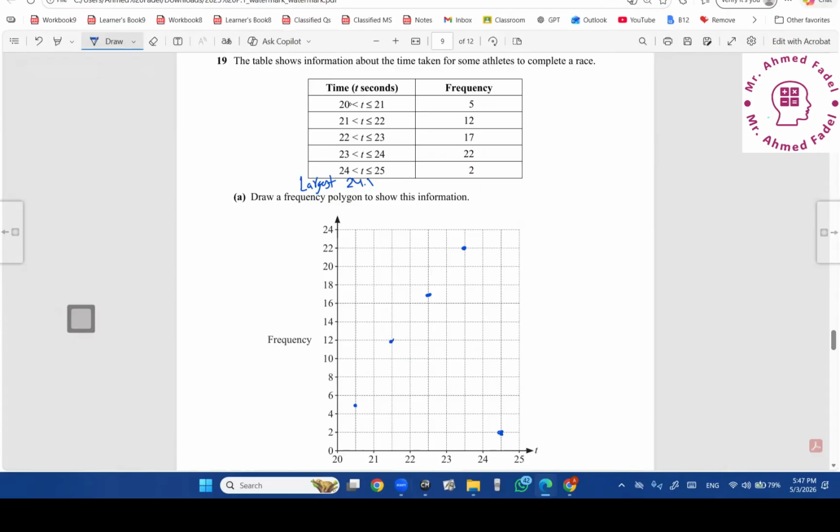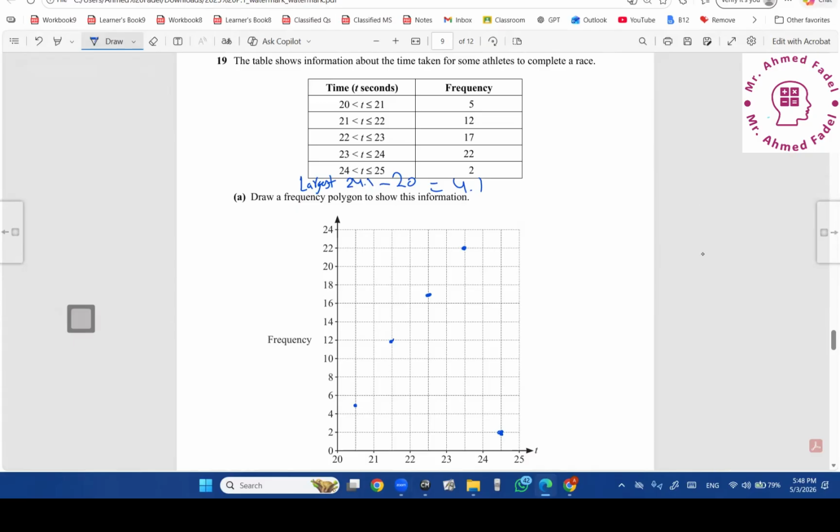What is the smallest? Smallest time is what? Oh, mister, it is between 20 and 21. So it could be 24.1 if they are requesting the range. If they're requesting only the range, then I would just say 24.1 minus 20, that's largest minus smallest, which would be 4.1.